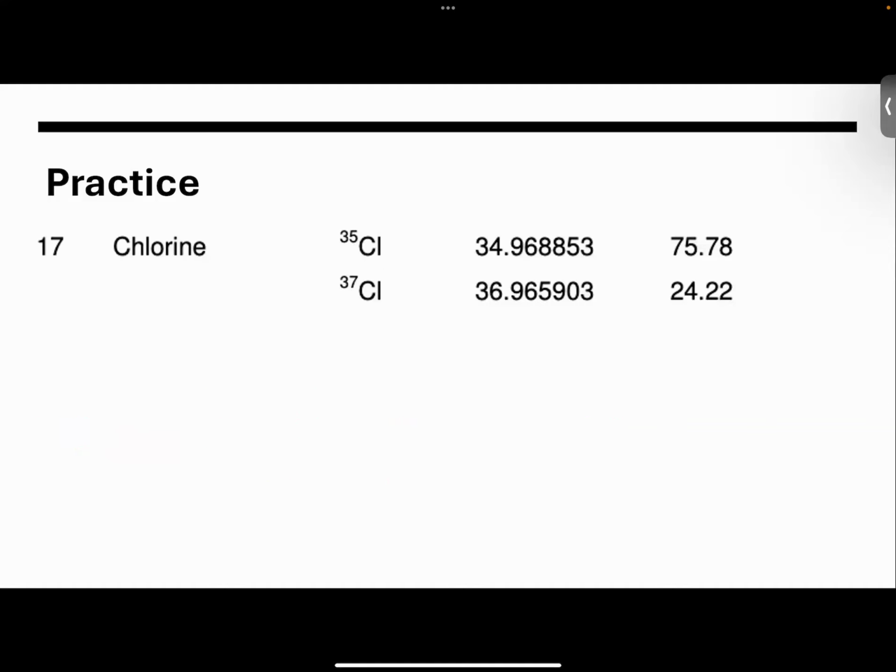So let's look at another example. Here you have chlorine. Chlorine has 2 naturally occurring isotopes. It has chlorine 35 and chlorine 37.